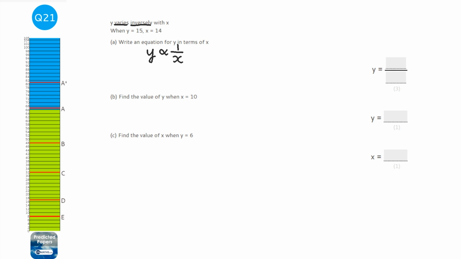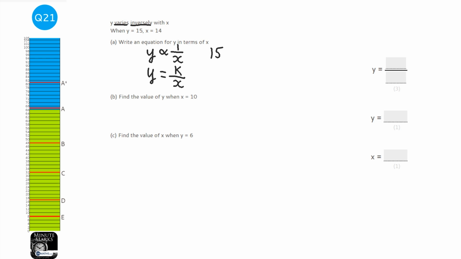The next thing to do is get rid of that fish sign and replace it with an equals, and the way of doing that is just times the right hand side by k, which is a constant. So it's k over x. Now it says when y is 15, x is 14, so we can put those values in to find out what k is.